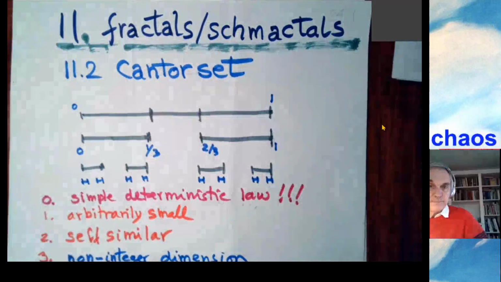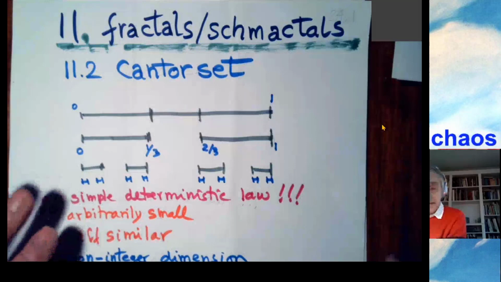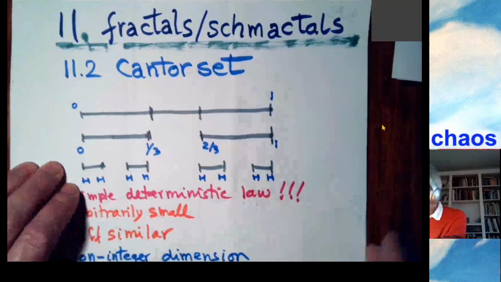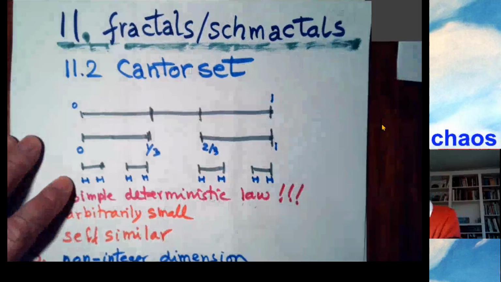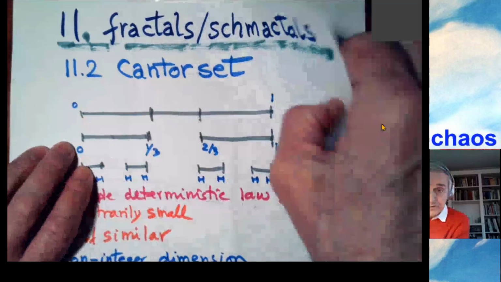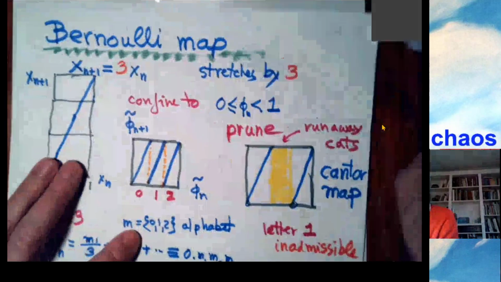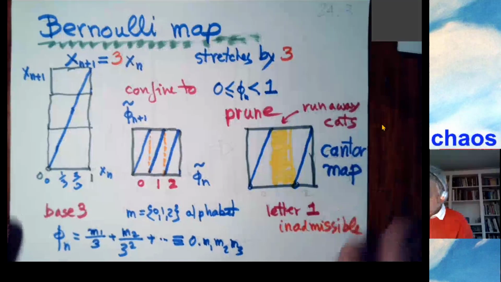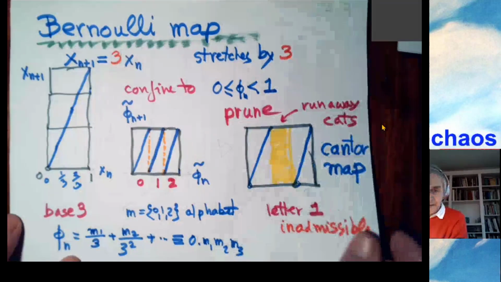Then there is a part of the course which is very easy in the beginning, called fractals, which has the advantage that you can do everything by hand. It has the disadvantage that it's not really what you'd like to measure in nature, but there are some aspects I like. You should understand what a Cantor set is. No matter what you do, you should understand what that is. You should understand that you can use dynamics like the Bernoulli map, where you stretch something by a factor of 3 and you throw the middle out to create Cantor sets.